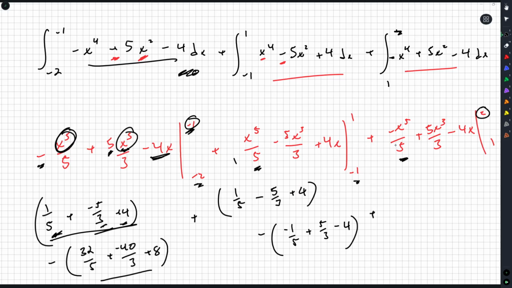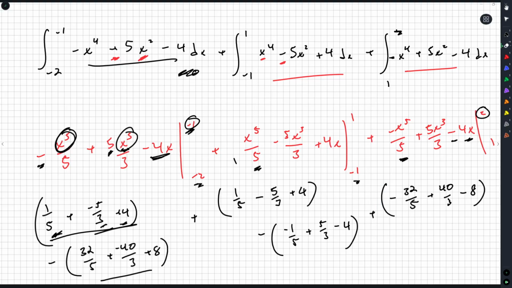So we'll get minus 32/5, and then plus 40/3, and then minus 2 times 4, so that's minus 8. I drew that one bracket a little too big there. And we got one more to go, and then it's simplify time.